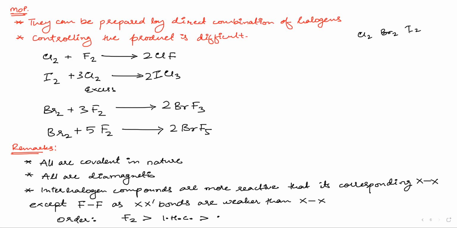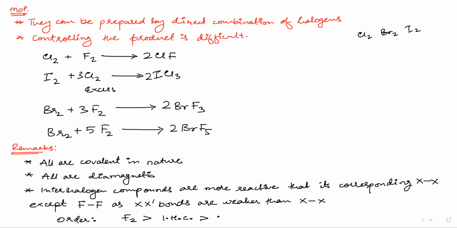I2, because the size is big and it will easily go under any reaction. But can you see that it is making the bond with the same type of iodine?